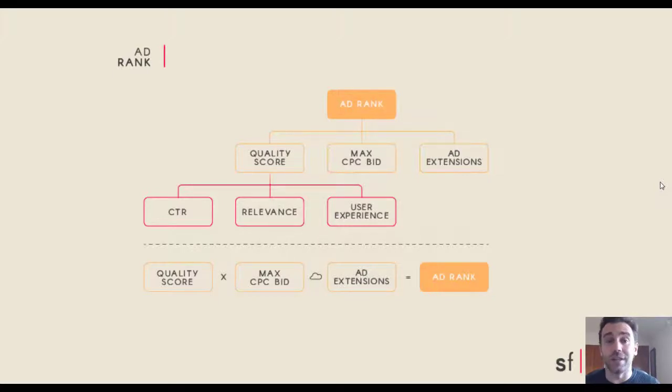I know it's a super simple example, but it helps you understand that relevancy is, yes, about what you put in your copy, but also how relevant is your product or service to the keyword you want to show for. So you have to keep that in mind.